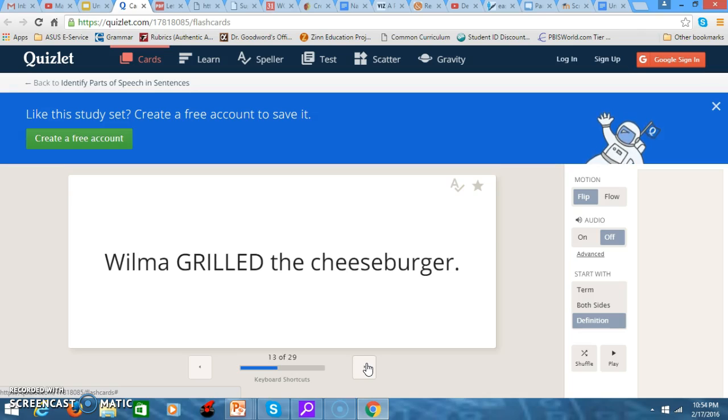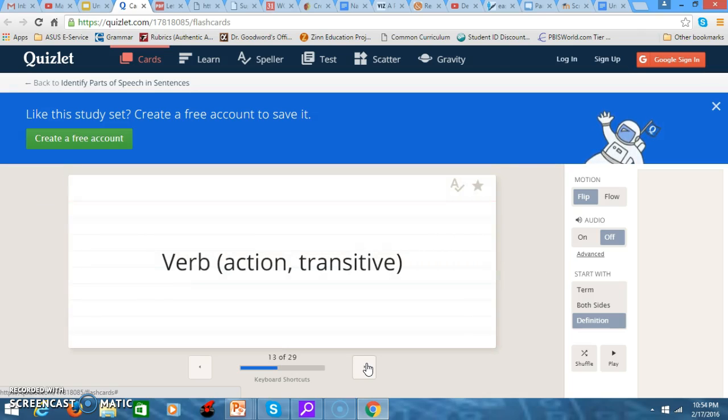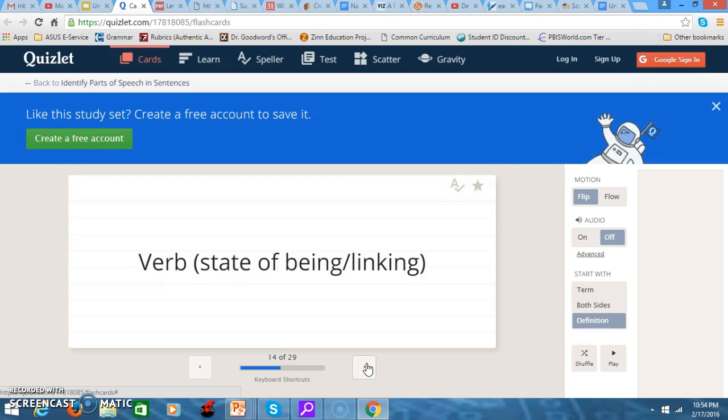What is Wilma doing? Therefore, we have another verb, an action. What is in this sentence? Very good. It is a verb.